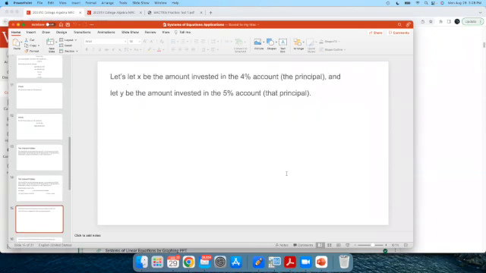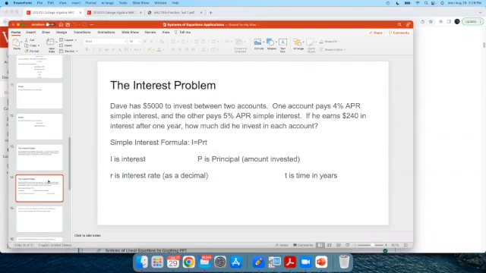Okay, so we got to figure out how Dave split up his money. Well, first thing we got to do is define our variables. If I'm going to start throwing around X's and Y's, I have to tell the reader what those mean. So I'm calling X the amount of money, the principal he put in the 4% account. And Y is going to be the amount of money he put in the 5% account. So he's got $5,000. He split that up.